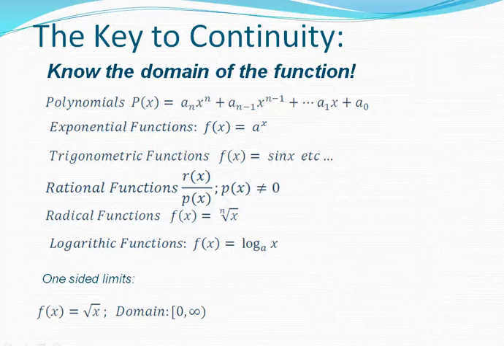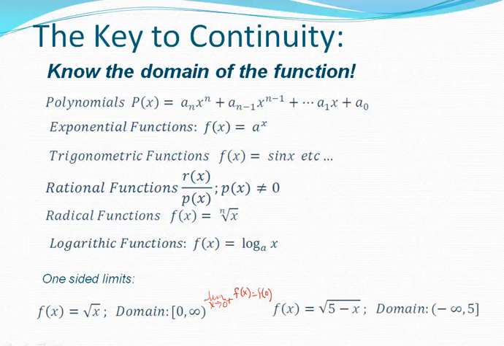That means that if I take a one-sided limit, the limit as x approaches 0 from the right, now I can't take it from the left because it doesn't exist on the left of 0, but if I come towards 0 from the right, then that limit is going to exist, and I'm going to get the same value of f of 0. And therefore, the right-sided limit exists for this particular function.